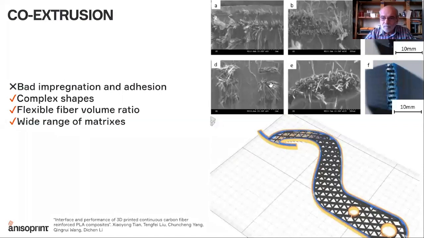So the matrix volume in the junction has to be reduced. This is not possible with the prepreg because the fiber volume fraction is always constant, but it's possible with the co-extrusion because it's flexible.